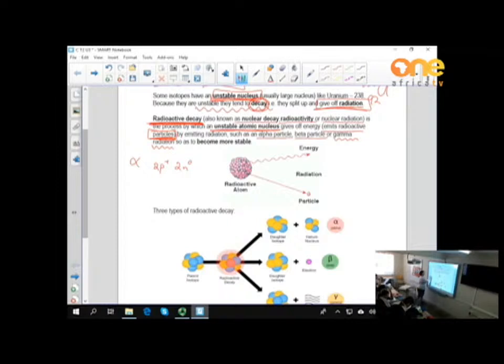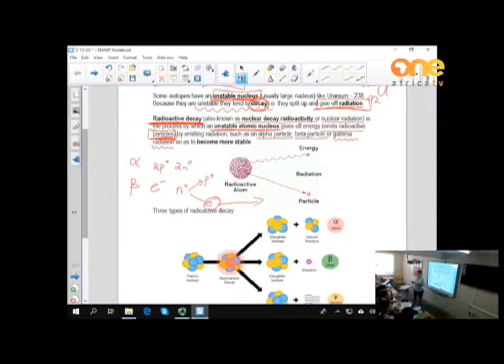A beta particle is actually an electron that is shot out from the nucleus. Okay, now where do we get electrons? Around the nucleus. So where does an electron come that is shot out from the nucleus? A neutron forms a proton and an electron, and it's that electron that is shot out. Okay, that's what a beta particle is.